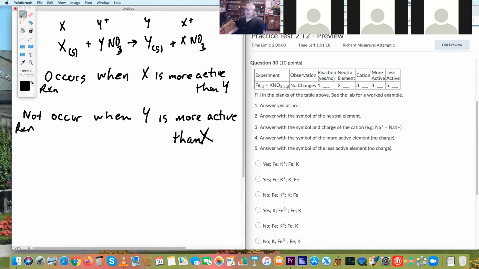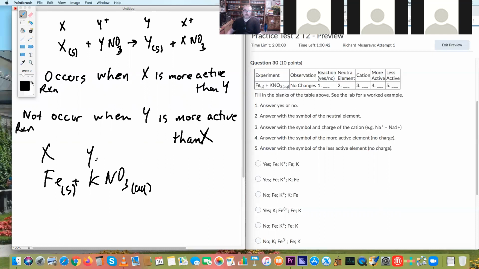So what we're looking at here in the problem, we know if the reaction's occurring or not because we look at the observation. If the observation says no change, then we know there's no reaction. So that tells you what's more active. So really what you have to do is look at this Fe plus KNO3 and figure out which one's X and which one's Y. The Fe being solid, that one's going to be your X, and the K is going to be the Y, because that's part of the NO3.